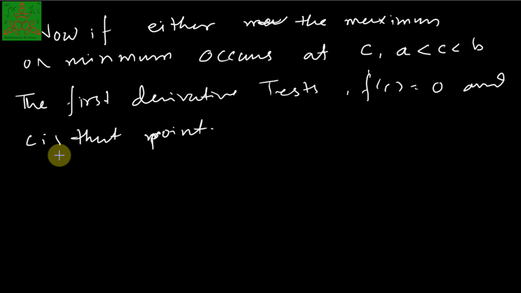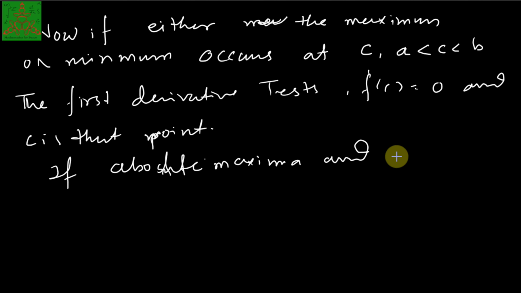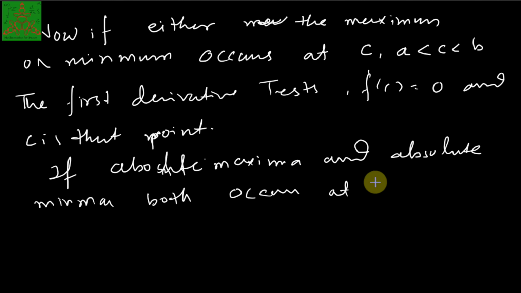And if the absolute maxima and absolute minima both occur at the end points, then what will happen?